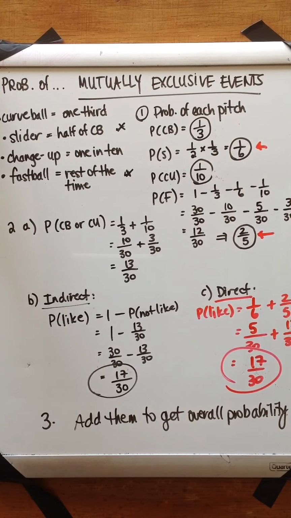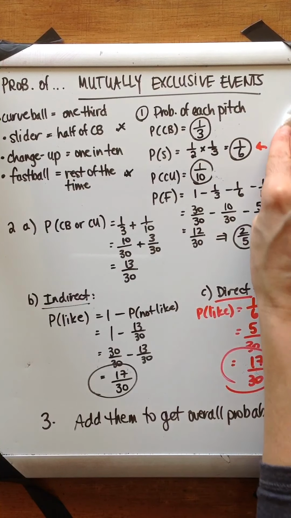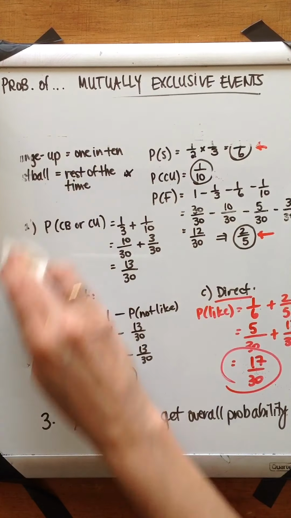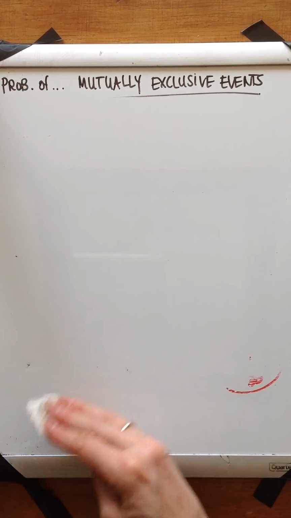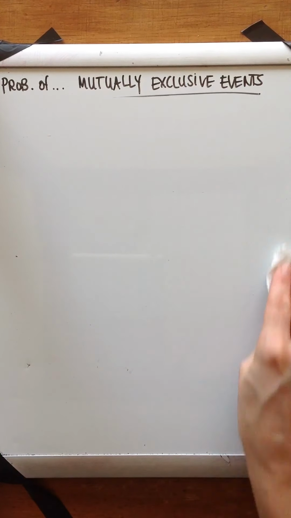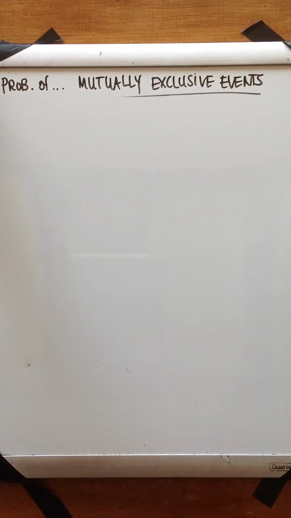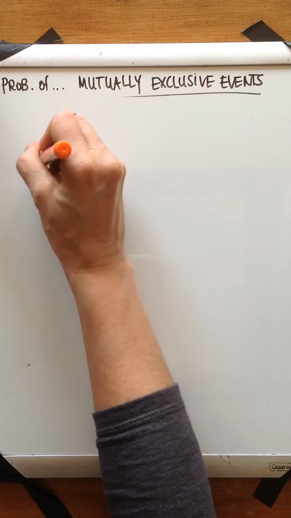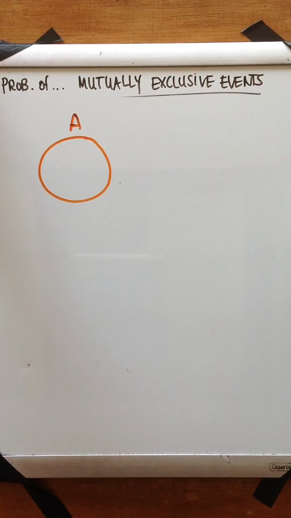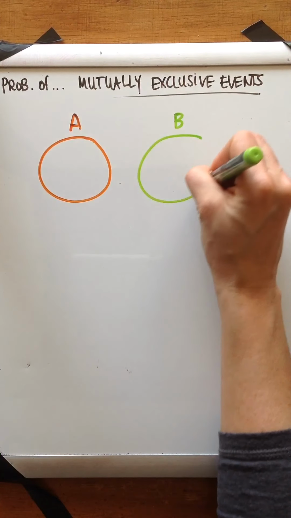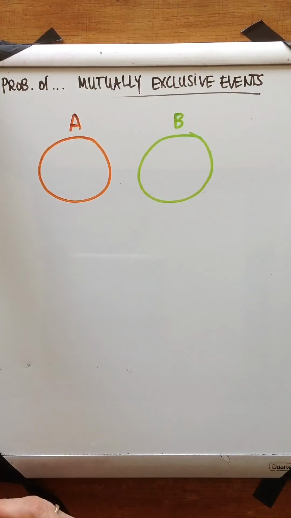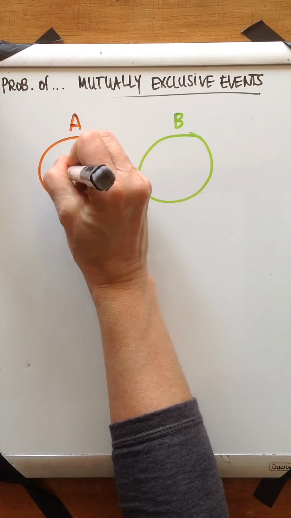So just to put this idea of mutually exclusive in a visual format, I'd like to introduce Venn diagrams. If we let the first event in a series of two mutually exclusive events be event A, here it is, and we have event B, they can't happen at the same time, but we want to know the overall probability of either of them happening, we can just add their probabilities together.